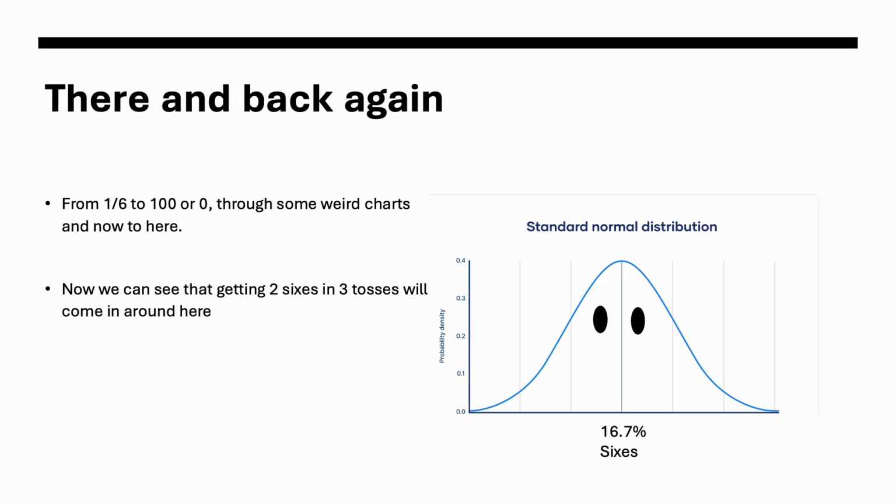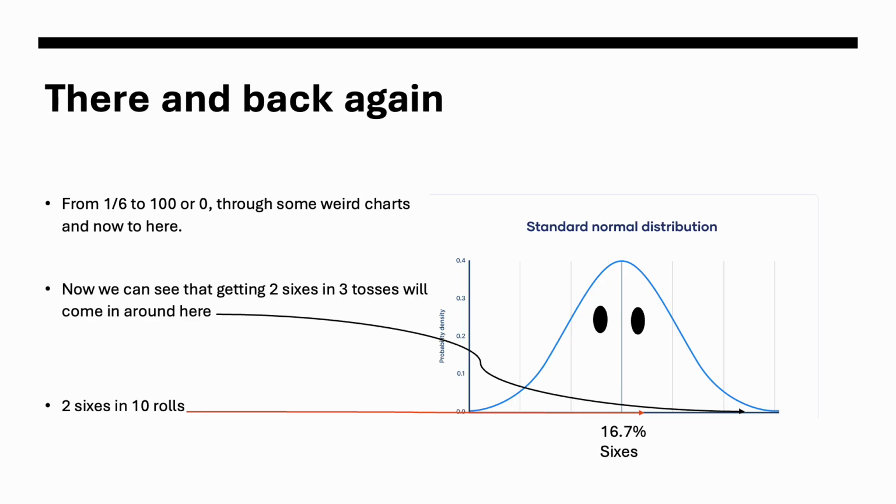But now we can see that getting 2 6s in 3 tosses will come in around here. And getting 2 6s in 10 rolls is going to come in around here. Much more likely to get 2 6s in 10 rolls than it is to get 2 6s in 3 rolls. And that makes sense.